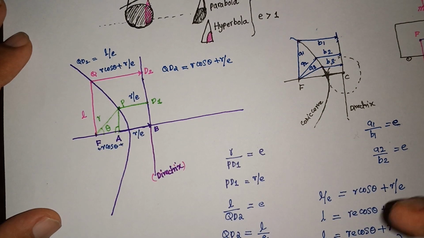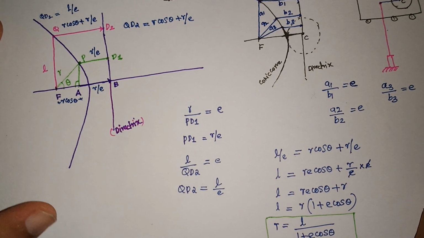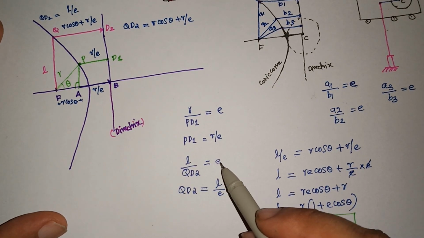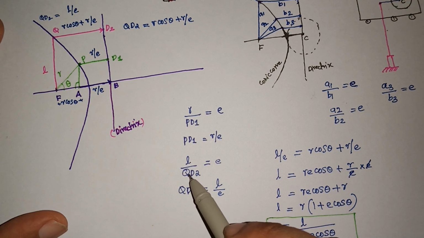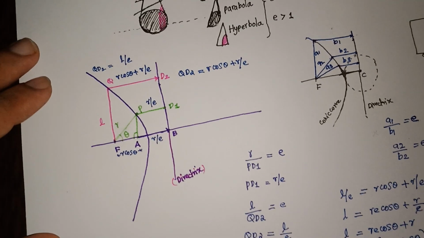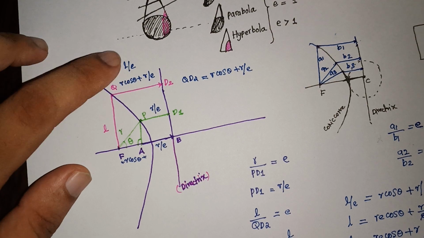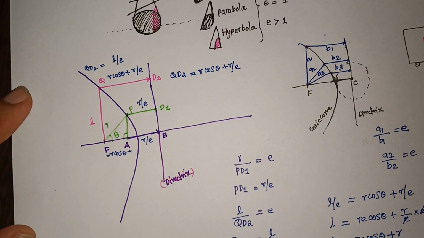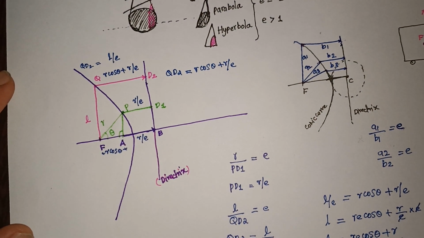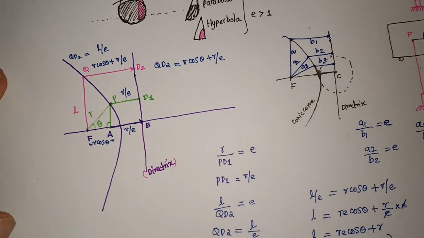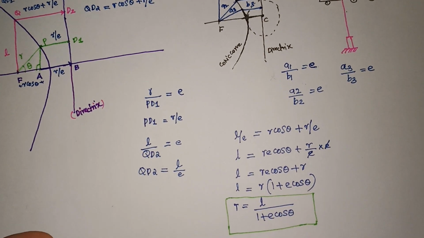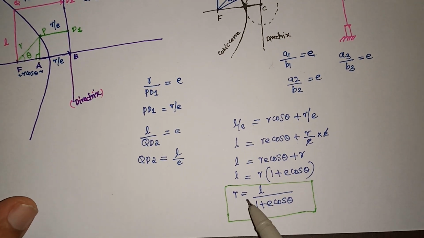But as per the definition of QD2 and L, we have written L by QD2 is going to be E. So again your QD2 is going to be equal to L by E. So I equate the two equations. So L by E equals R cos theta plus R by E. That gives a good relationship between R and L. So R is equal to L by 1 plus E cos theta.